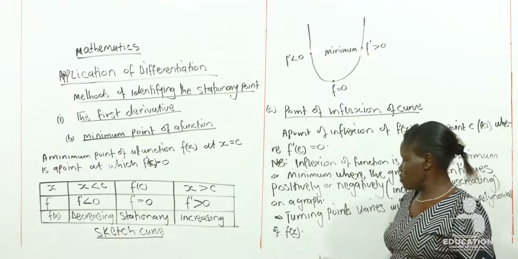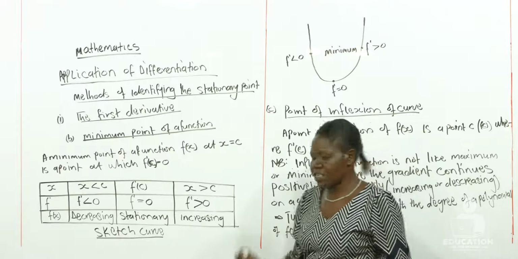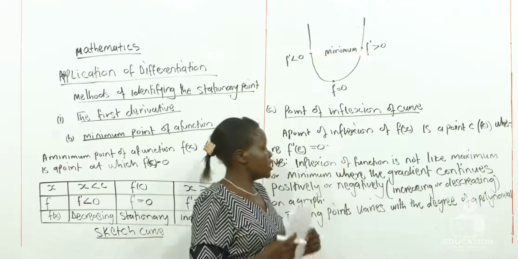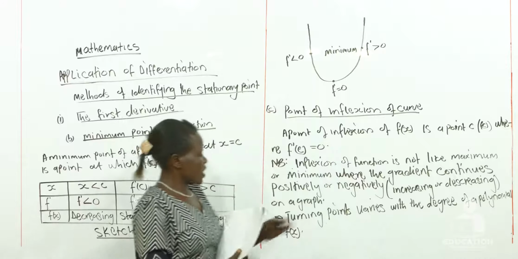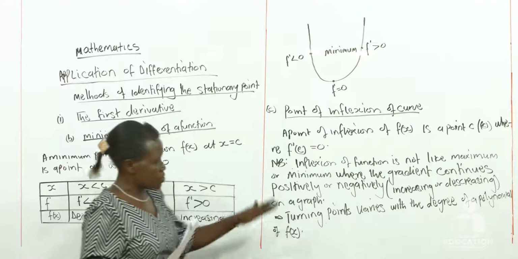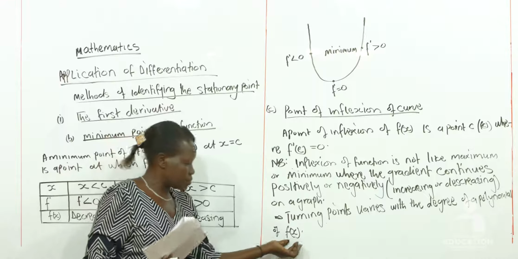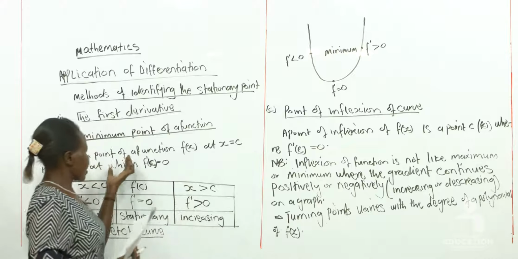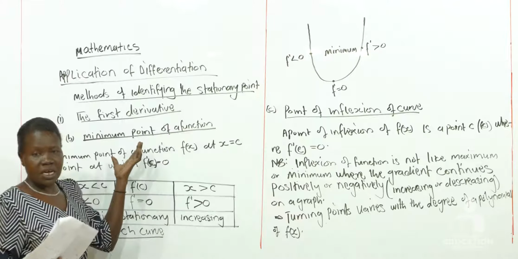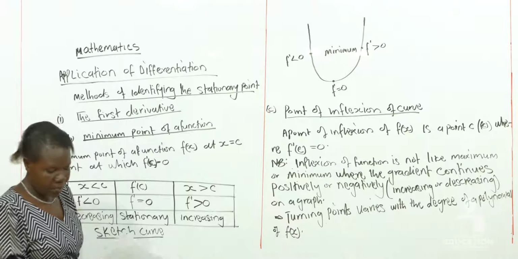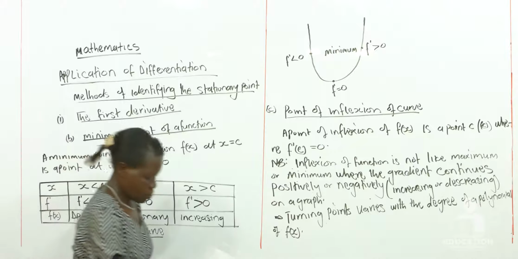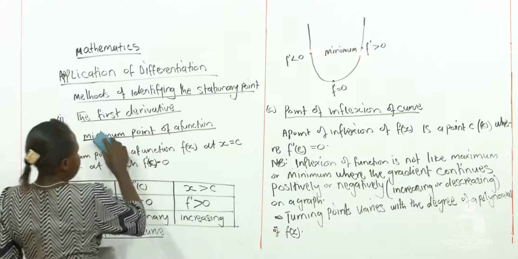That is what it means. So because of that varying degree or power of the variable, it will result in any of these turning points, either a maximum, a minimum, or a point of inflection.